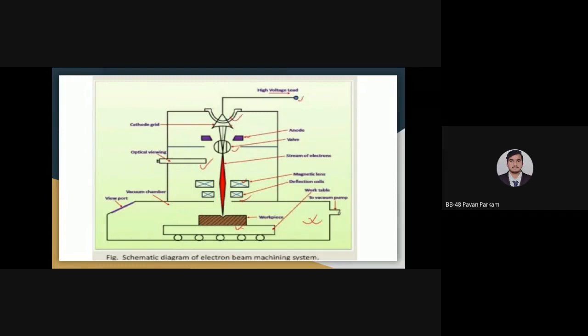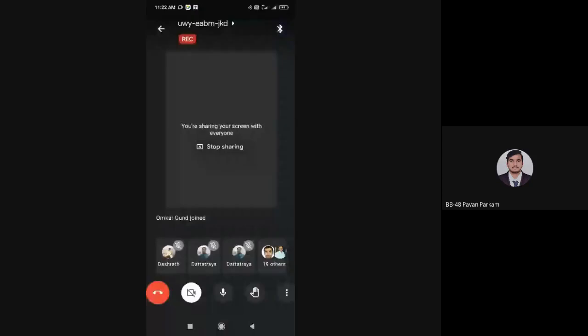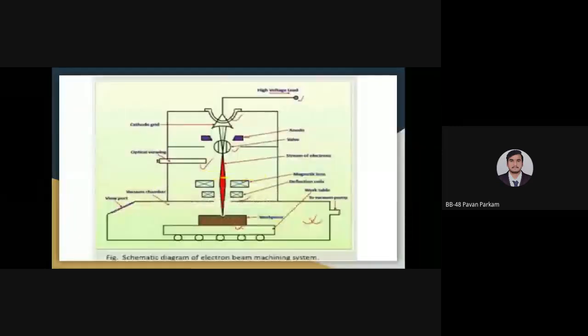Now, this electron beam is passing through this magnetic lens. You can see here magnetic lenses are used. So your electron beams are going through this magnetic lens.